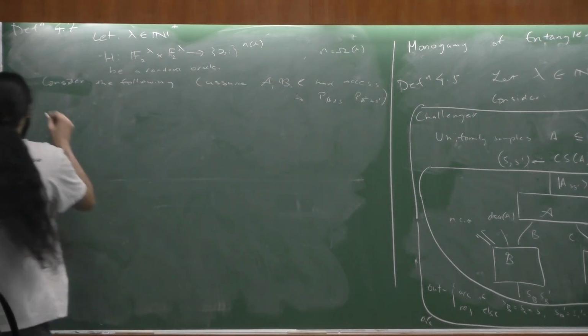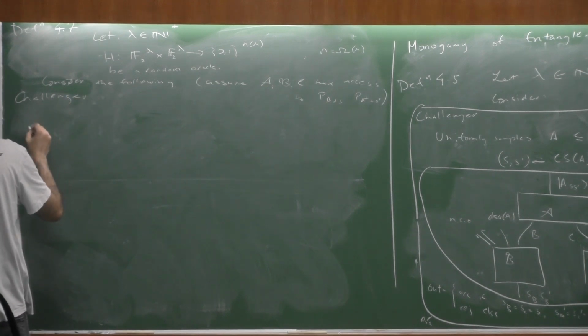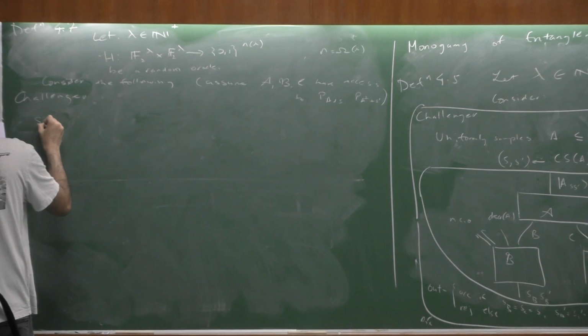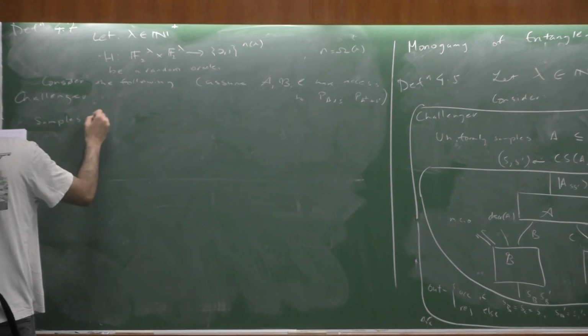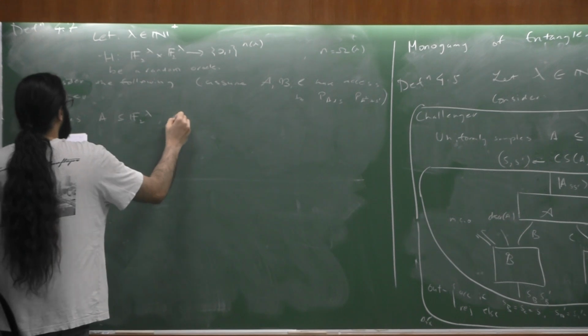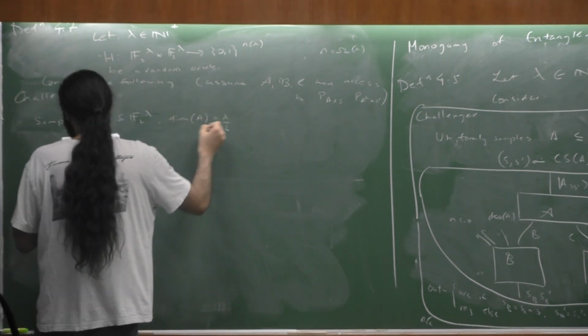Okay, and what is the game? The game is the following. So here's the challenger. I'll just write samples A, because we know what it means, we've done it many times. Lambda dimension, A is lambda by 2.